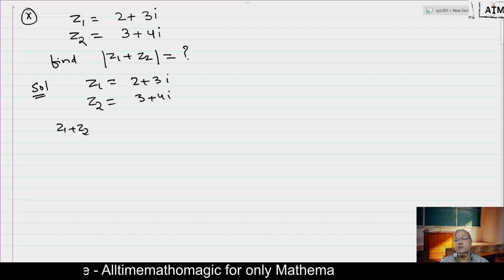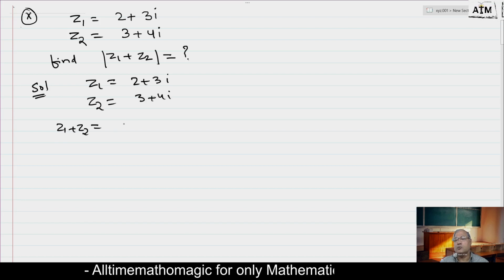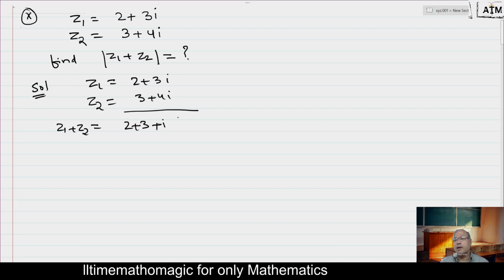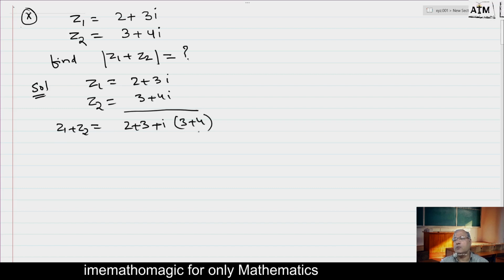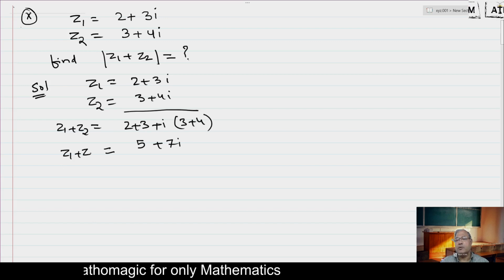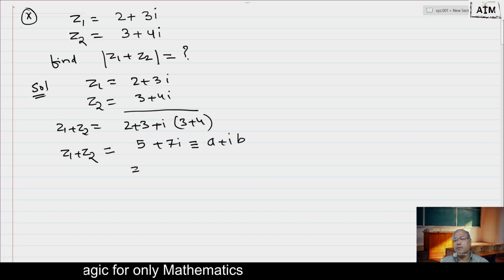Then z1 plus z2 equals (2 plus 3) plus i times (3 plus 4), which equals 5 plus 7i. So z1 plus z2 equals 5 plus 7i. Comparing with a plus ib, a equals 5 and b equals 7.